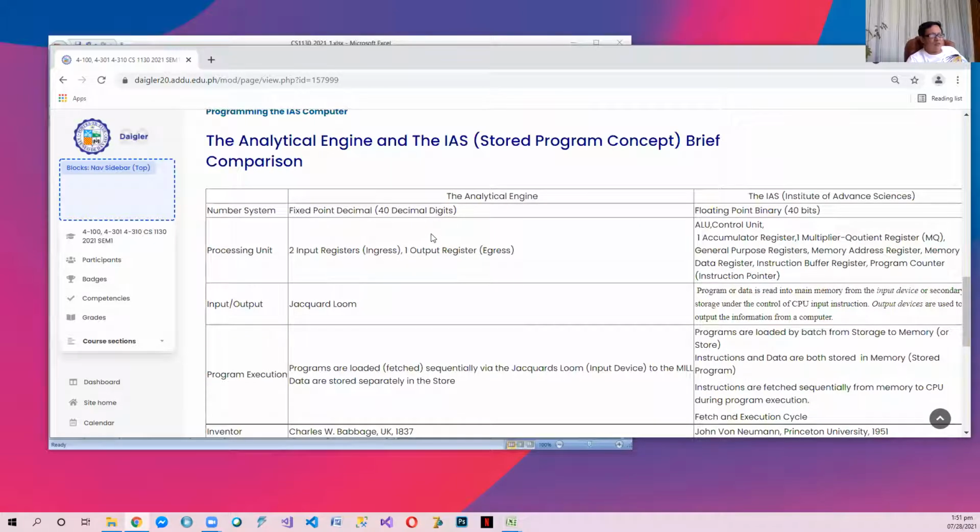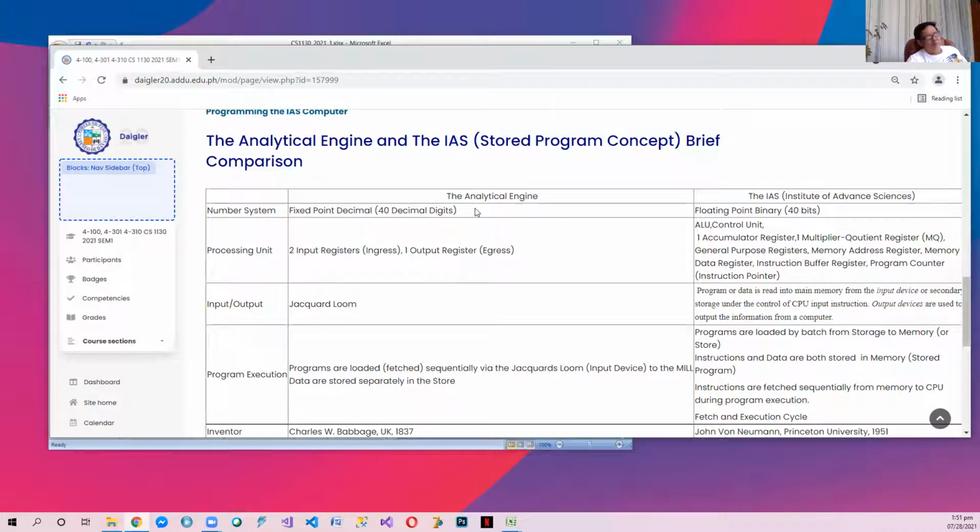The main difference between IAS and its direct predecessor, ENIAC, is that ENIAC stores the programs on a separate device, the input device, because computers during those days are connected to a punch card reader.